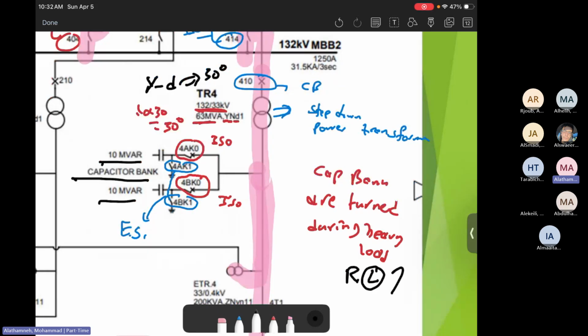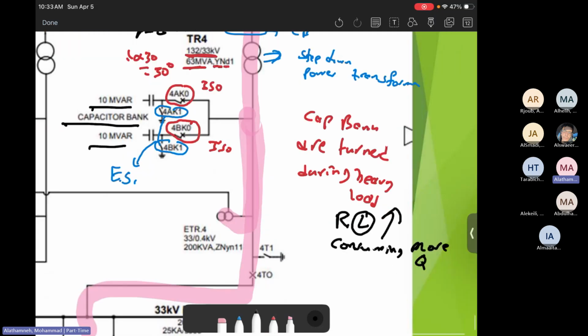So L is increasing a lot, which means consuming more reactive power, more Q. So this means Q is increasing. Therefore, we can say the power factor equals the real power divided by the square root of P squared plus Q squared. Since Q is increasing, what will happen to the power factor? It will decrease.